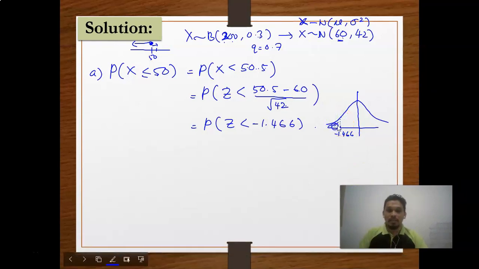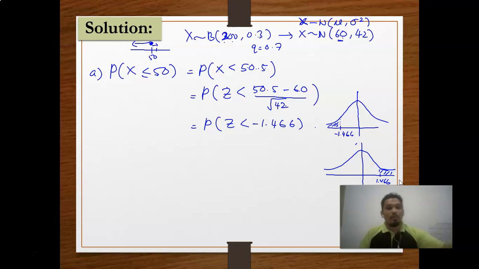So we transform this to the right side, just imagine 1.466. Why?